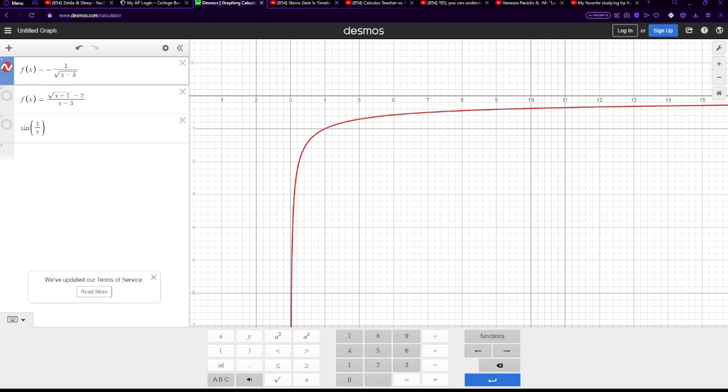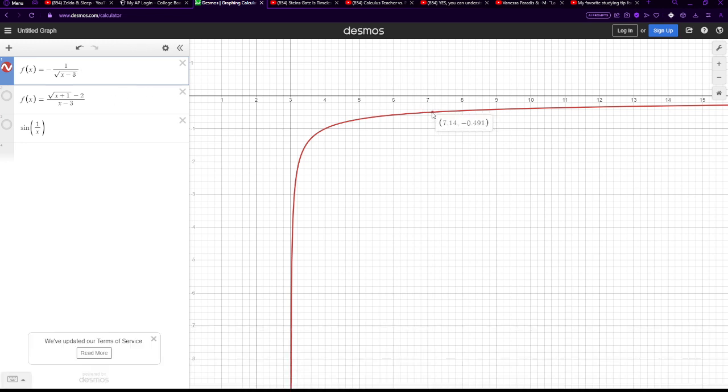So here we have it graphically done in decimals. As it is approaching 3 from the positive side, remember the positive side means the right side also. It's the same thing.